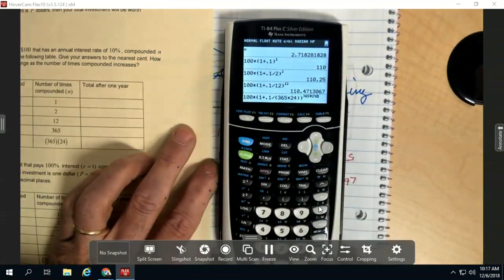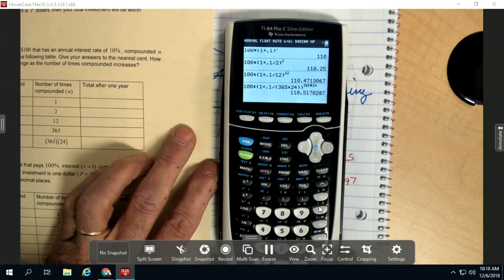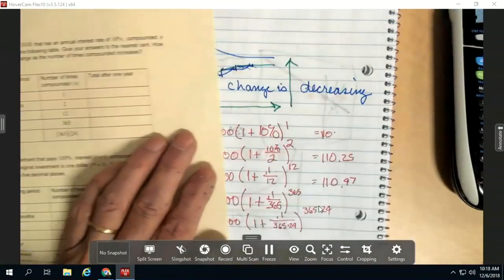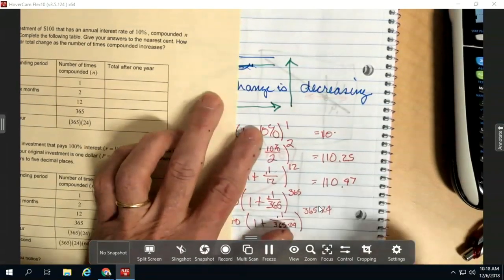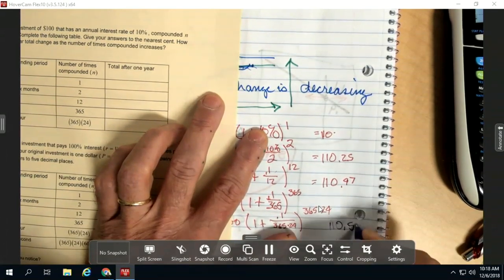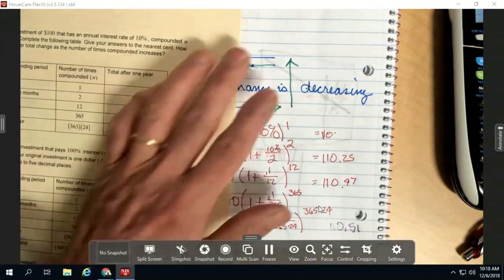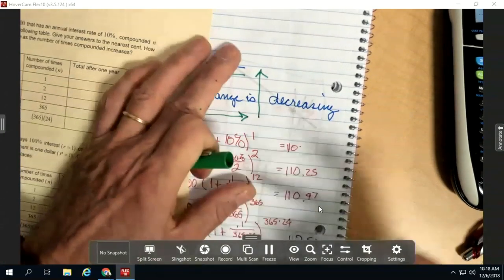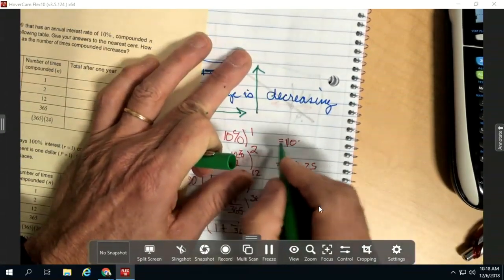So if you notice, that whole thing is in the exponent, and I get $110.51.